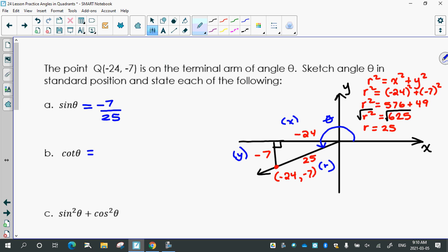Cotangent of theta is the x value over the y value. So it's going to be negative 24 over negative 7, but that wouldn't be the answer on the back because the negatives cancel each other out. So if there's two negatives, you want to write it as a positive. Good. So that would be the cotan.